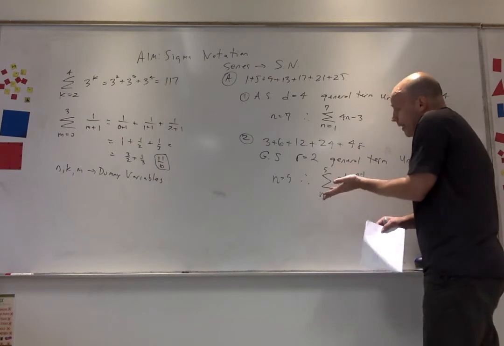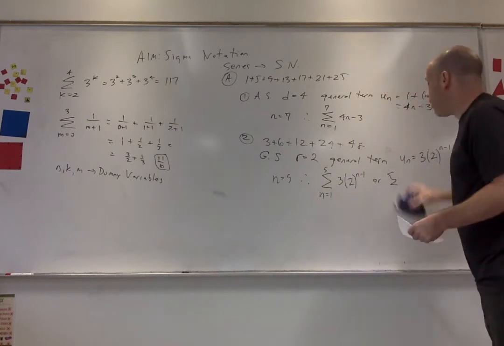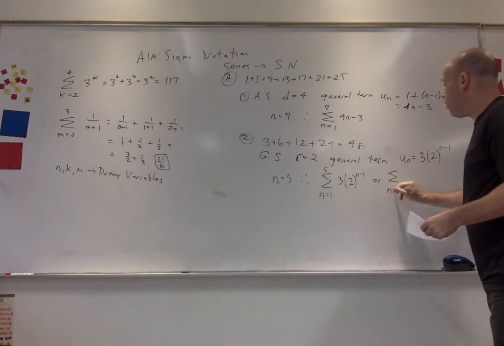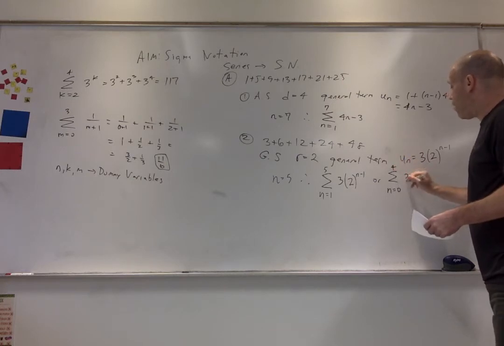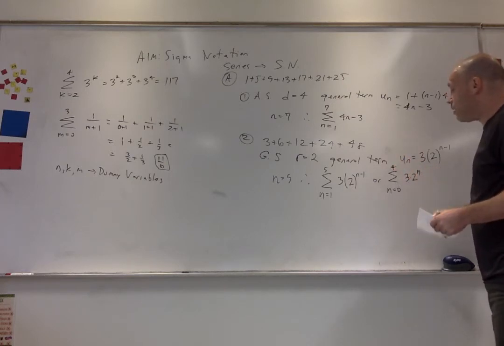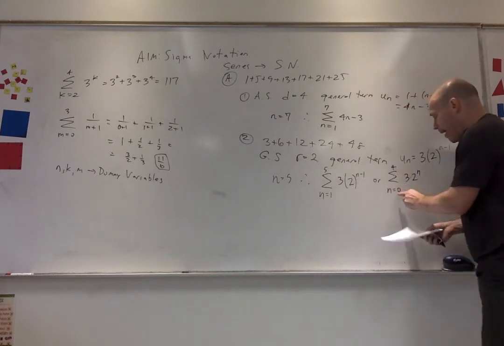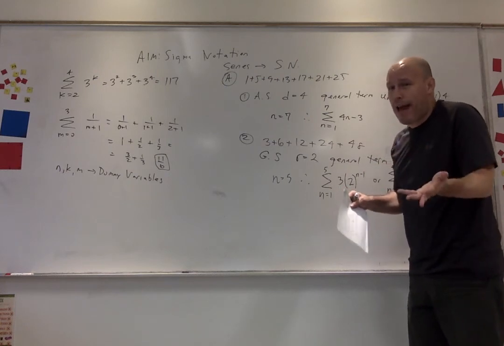You could technically write, or, you could start at 0 and go up to 4 of 3 times 2 to the n. That's your call. But you should recognize that 0 is the initial, it's the first thing you're looking at.